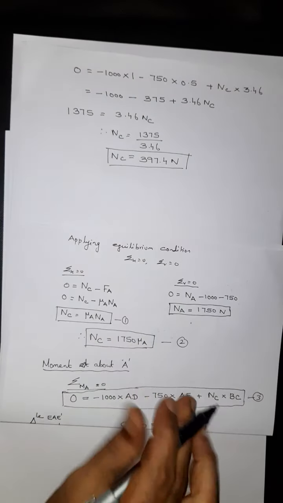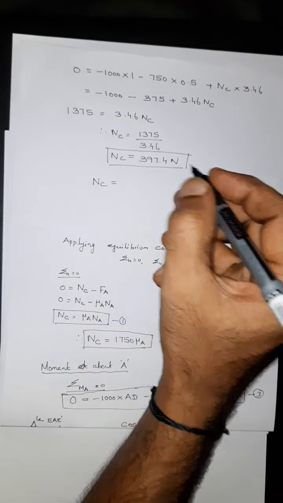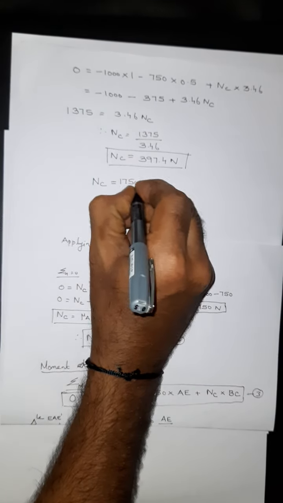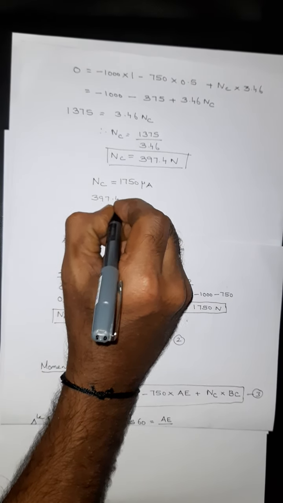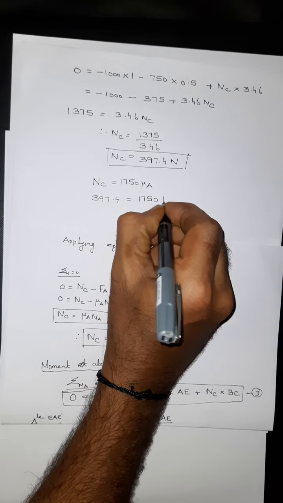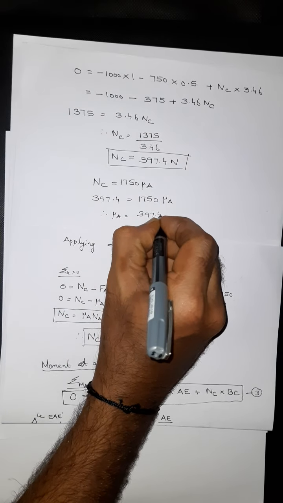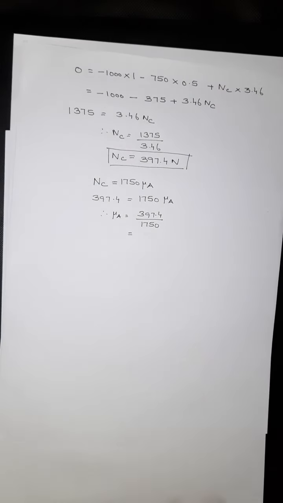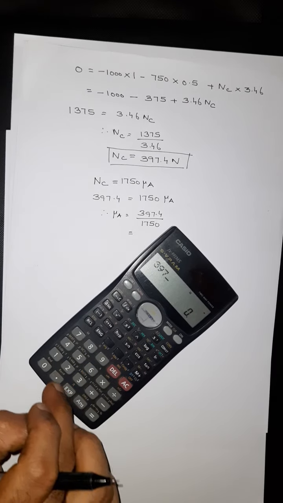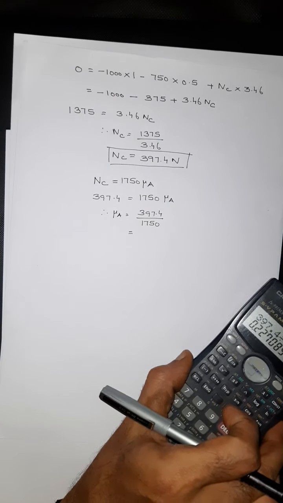So from equation 2, you substitute this value of NC. NC equal to mu A into 1750. The NC value you know, 397.4 equal to 1750 mu A. Therefore mu A equal to 397.4 divided by 1750, which works out to 0.227.